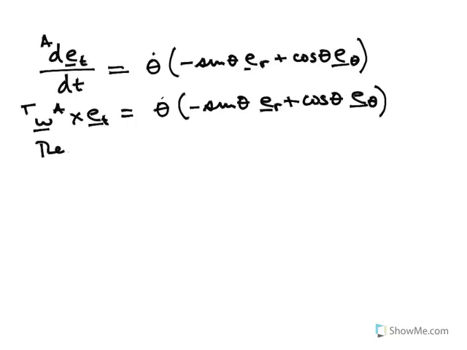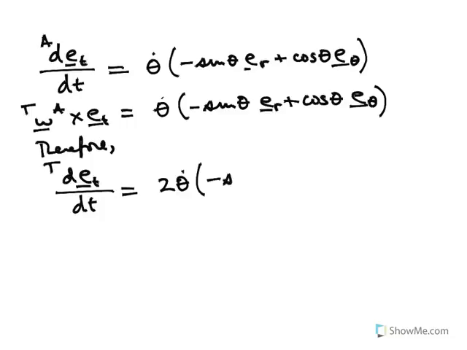So therefore, the rate of change of the tangent vector as viewed by an observer fixed to the track is going to equal 2 theta dot times minus the sine of theta e_r plus the cosine of theta times e_theta. And what we need here is to express this in terms of intrinsic coordinates.